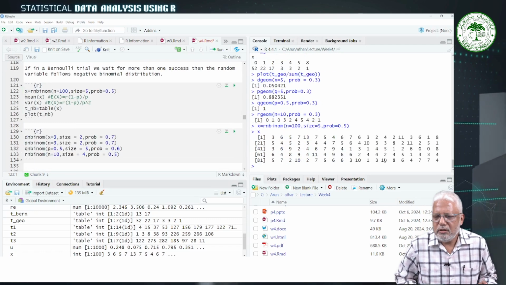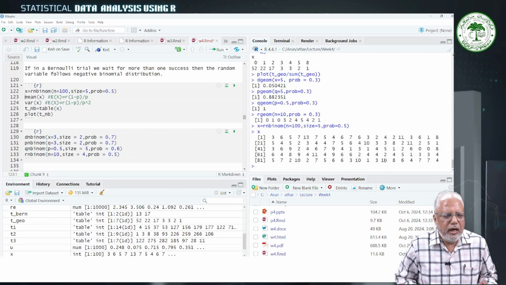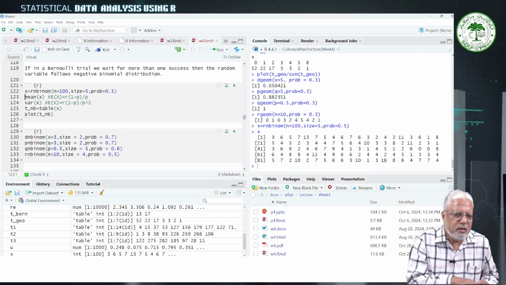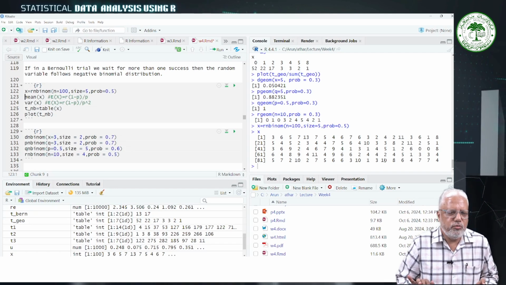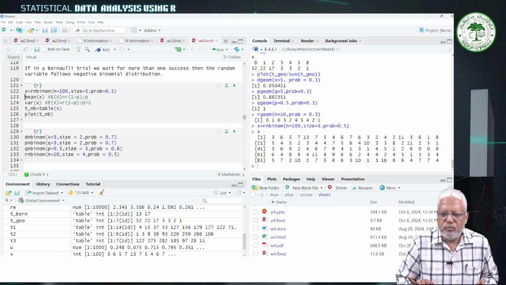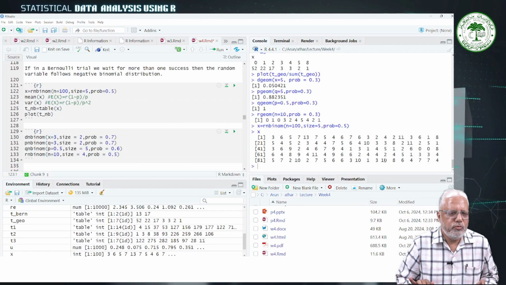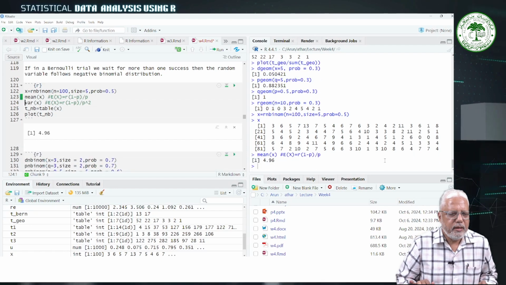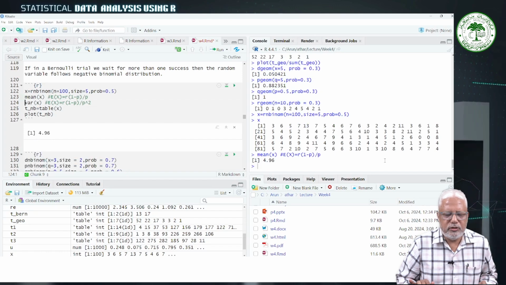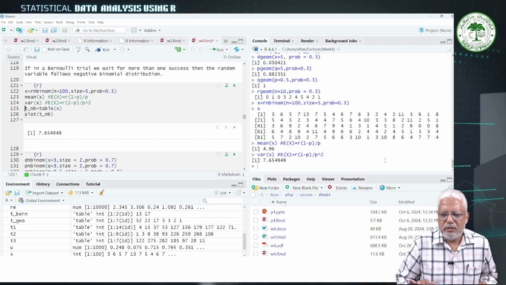These are the random values which we are getting, and see, the mean of this data is nothing but r into (1-p)/p. Here the mean is 4.96 and the variance is 7.65.